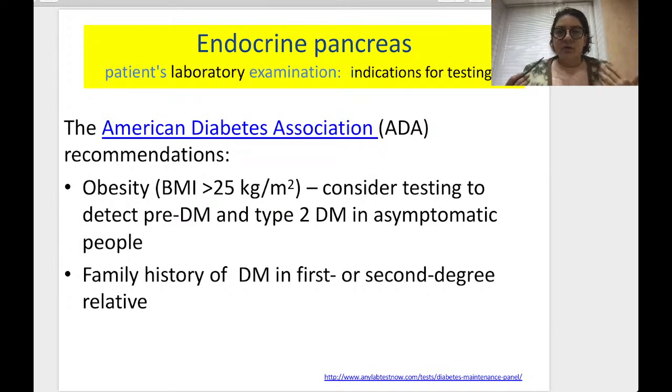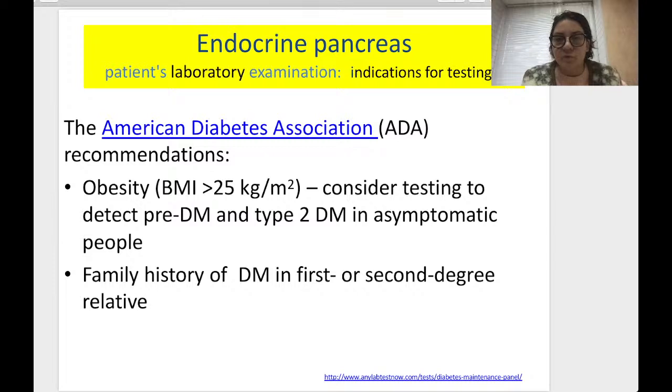have to do checkup, have to do screening for diabetes annually. According to the American Diabetes Association, what groups of people have to obligatorily do a checkup for diabetes mellitus? First, people with obesity.